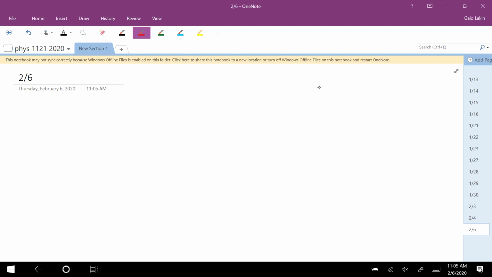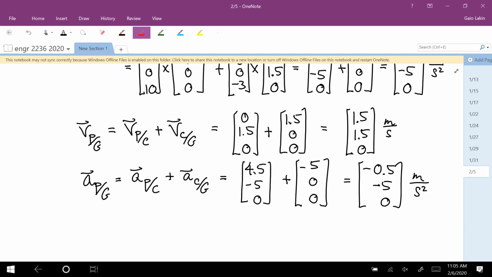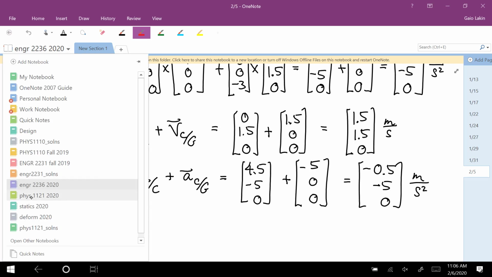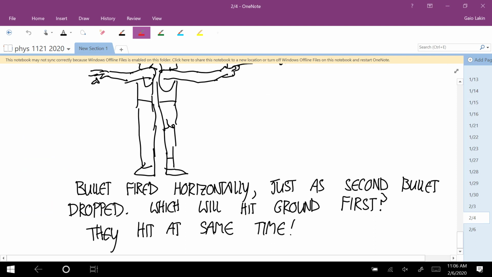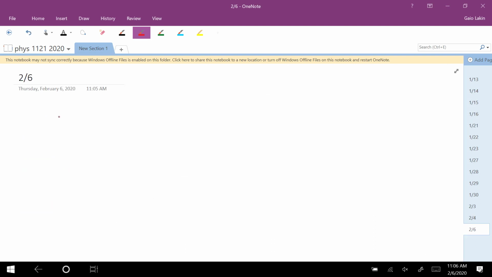So we're going back to 2D particle kinematics.